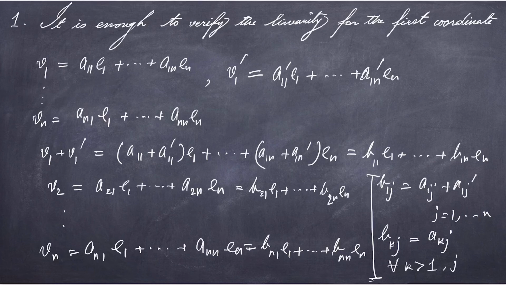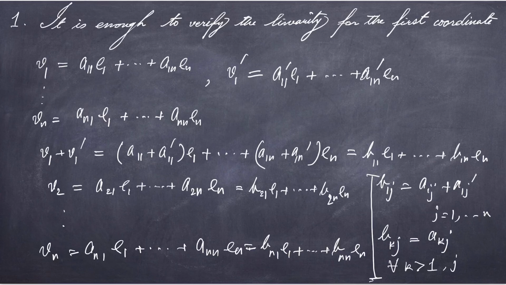Why so? Suppose we have proved the map f is linear in the first variable. Now how to prove the map is linear in any other variable, let's say the ith variable? If we have vi plus vi prime in the ith variable, we first interchange the first variable and the ith variable, which will produce a minus sign.